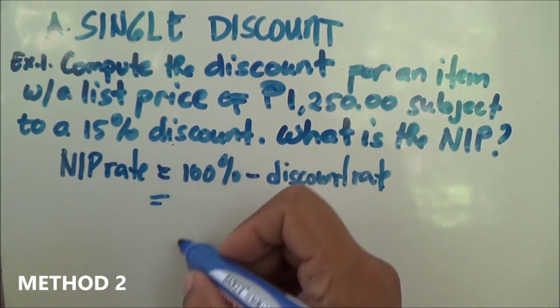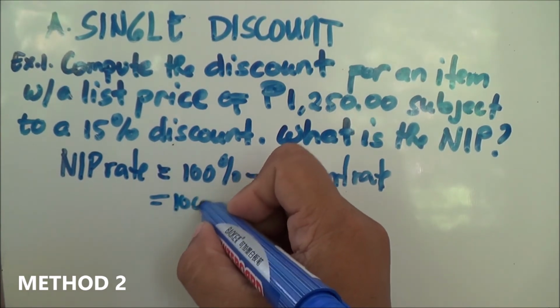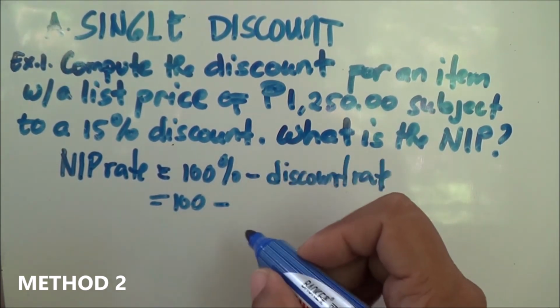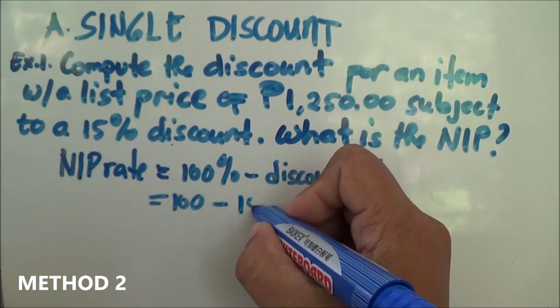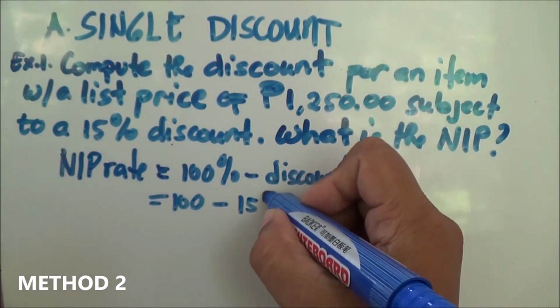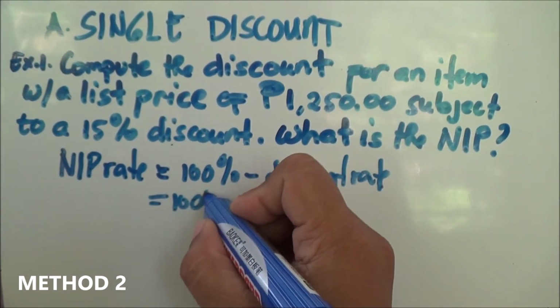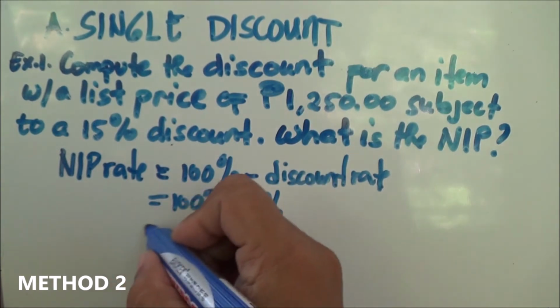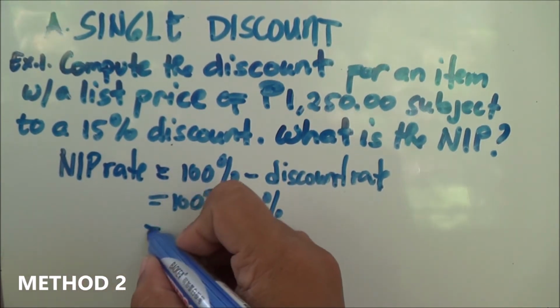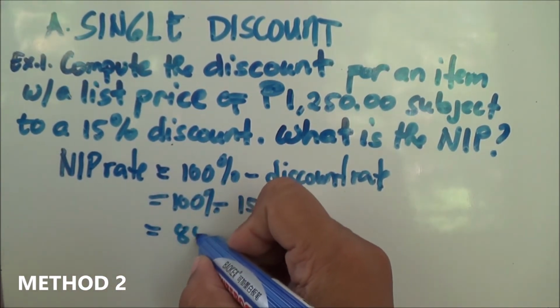So 100 less the discount rate of 15%. So the net rate will be 85%.